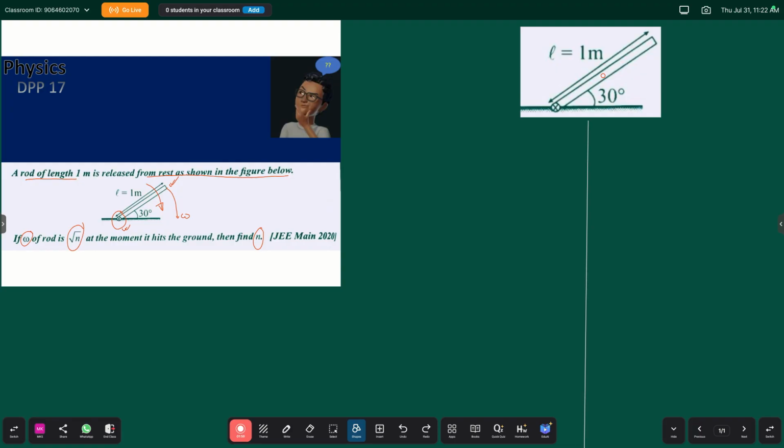So in this position, what will be the potential energy of the rod?